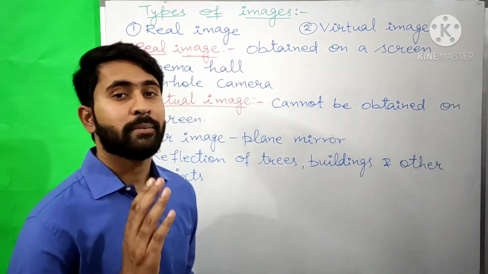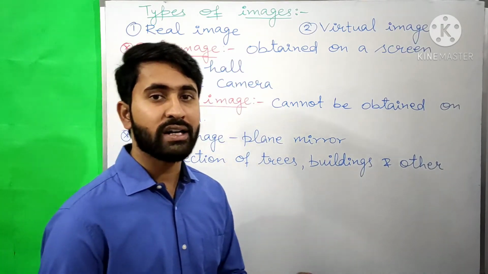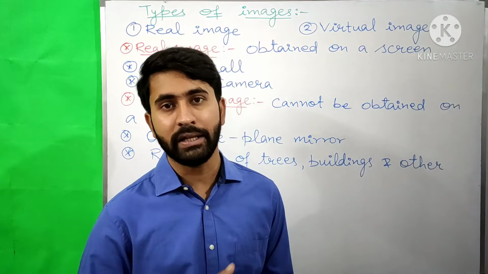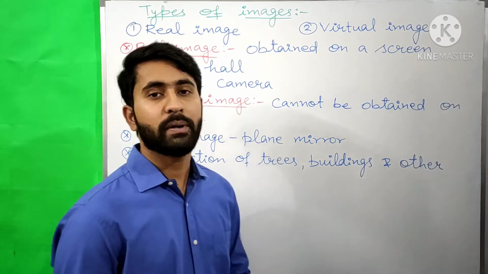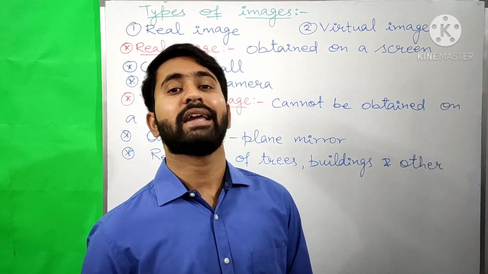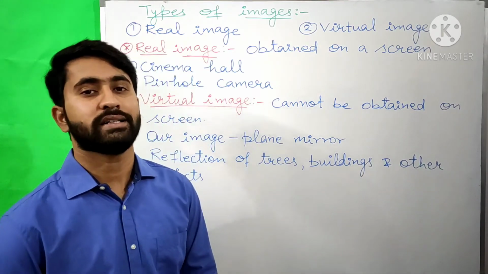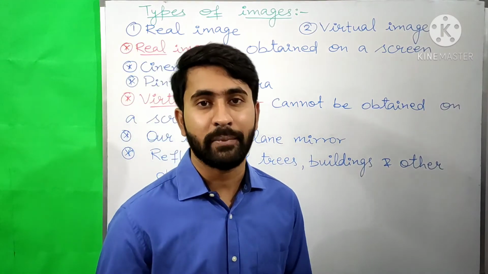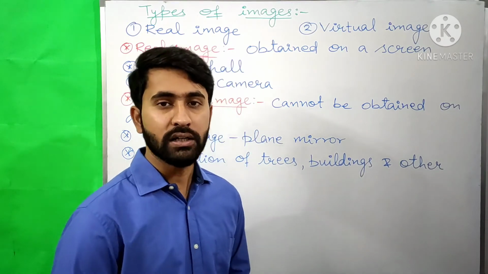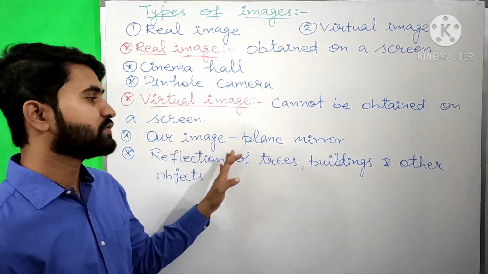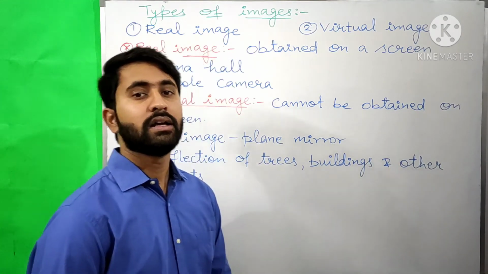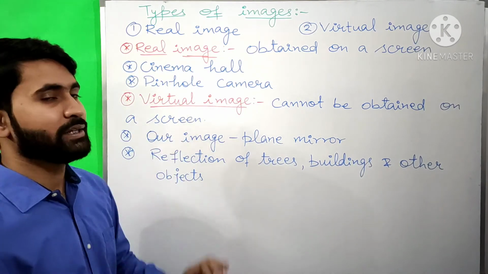The virtual images can be seen only by looking into a mirror. The image of our body that is formed by the plane mirror cannot be obtained on a screen. We can see our image only by looking into the mirror. So the image of our body that is formed by the plane mirror is a virtual image.